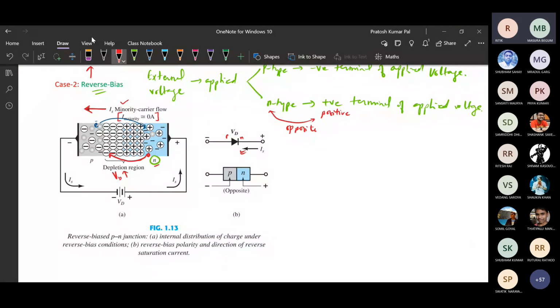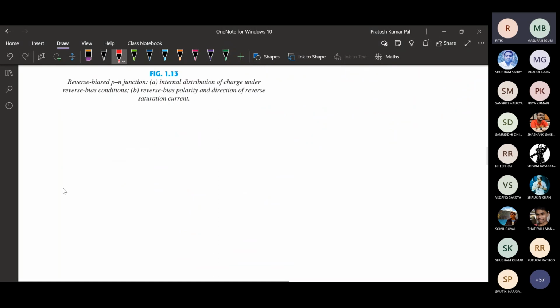So we can put some points here. In the reverse bias case, that means the case where the voltage we are applying is less than zero, there will be a current. The current will be because of the minority charge carriers, and the majority charge carrier current will be almost zero.